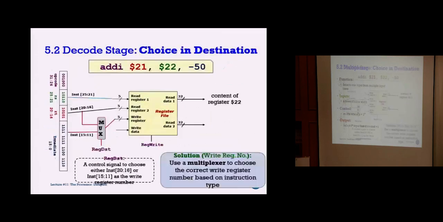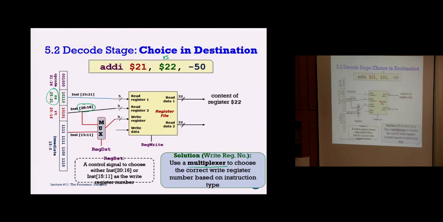So let's come back to this. Now that I have a multiplexer, what is this multiplexer going to do for us? This multiplexer is going to decide whether bit 20 to bit 16 should be sent to my read register or to my write register.